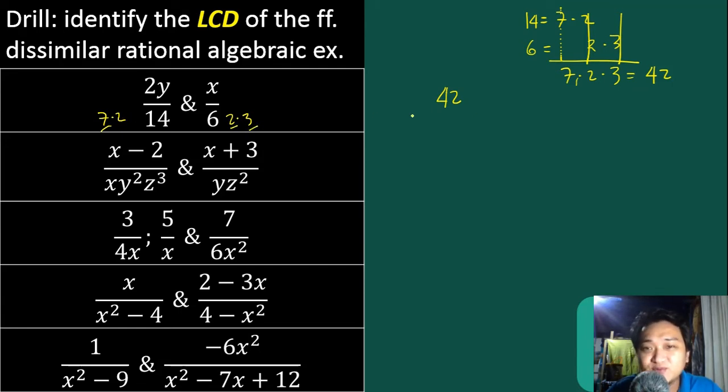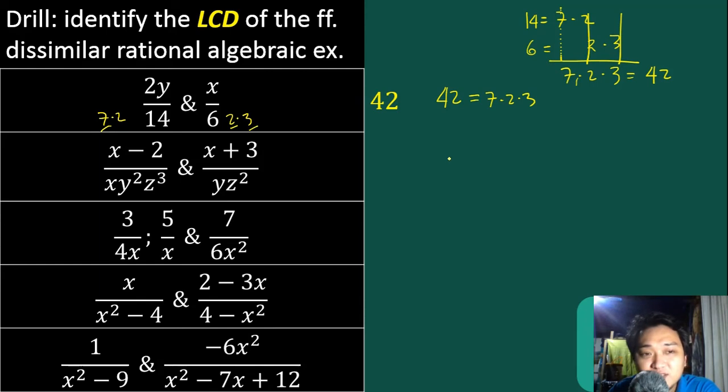Neglecting the other 2. Para hindi siya maging redundant. So, that is also the same as yung LCD niya is 7 times 2 times 3. Tingnan natin kung tama po tayo. So, that is 42. Tandaan nyo lang, dapat hindi maging redundant yung LCD. That's one way to get the LCD whenever we evaluate, add, or subtract rational algebraic expression.